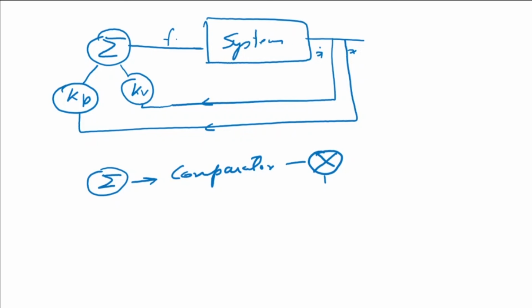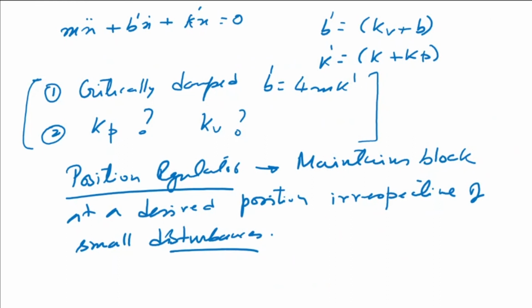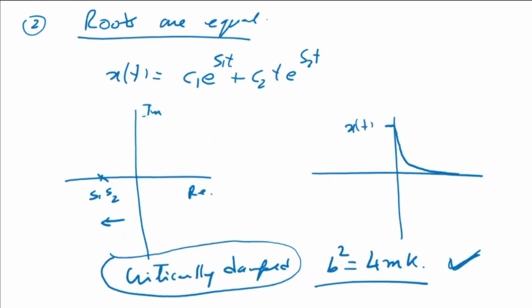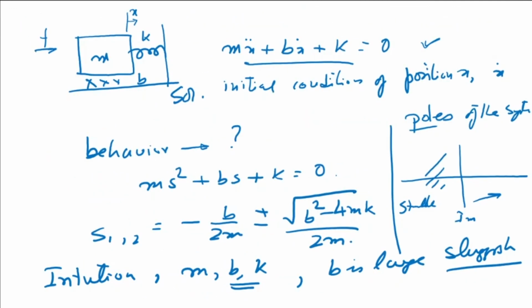Now as we move forward, this is at the simplest level. A couple of things: the system that we are trying to model here is making a lot of assumptions. The first assumption is that M, B, K are constants, positive constants.